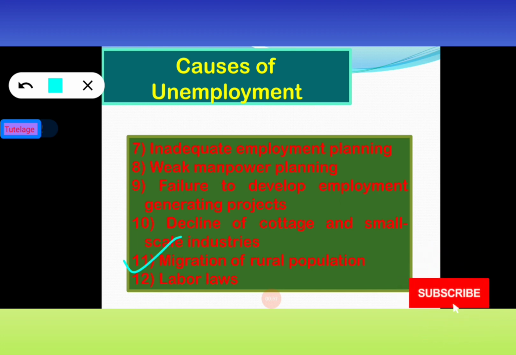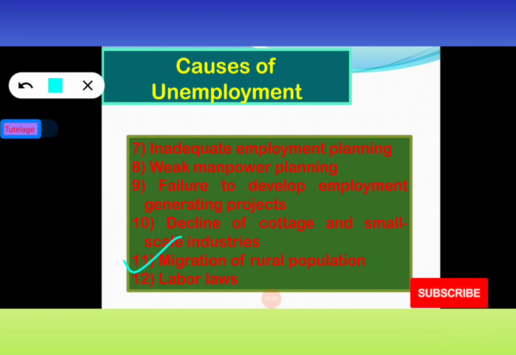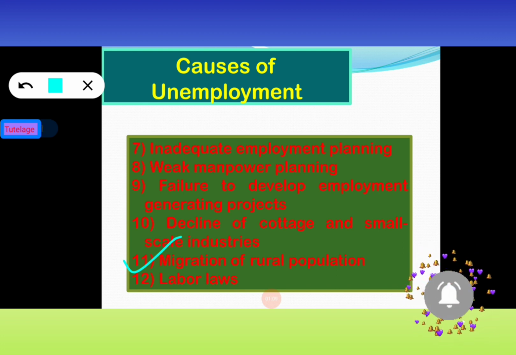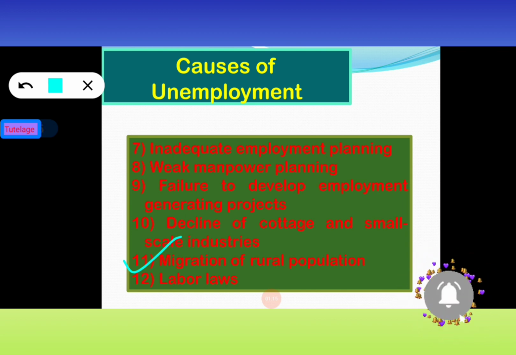And there has been large scale migration of people from rural areas to urban areas due to inadequate employment opportunities in rural areas and higher wages in urban areas also, but jobs are not available for all of them in the urban areas. So this has increased urban unemployment in India.